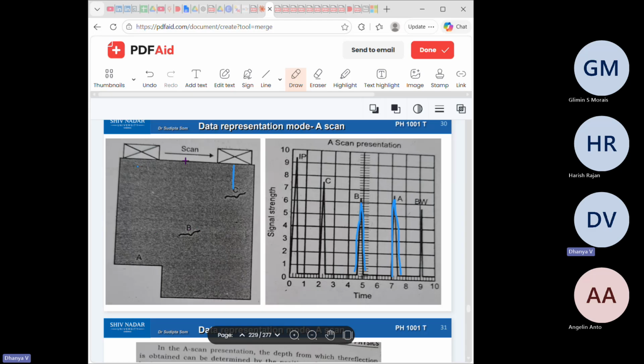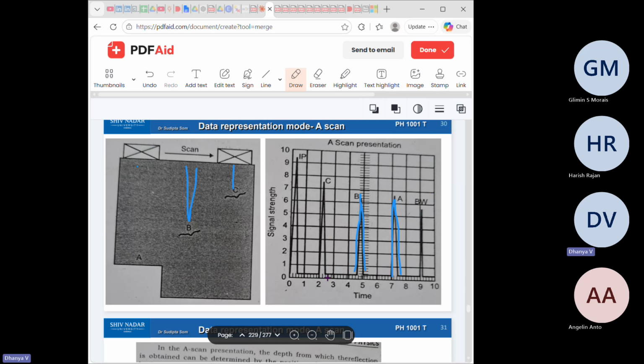For B, since you're scanning from here and going back, comparatively more amplitude. This is not exactly accurate, but A should be slightly lesser than B, and C should be more because there's not much loss that you can expect. You just reach C, and the echo goes back, so I don't think the amplitude is wasted as much.